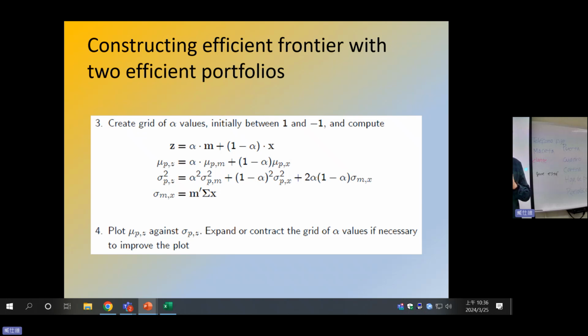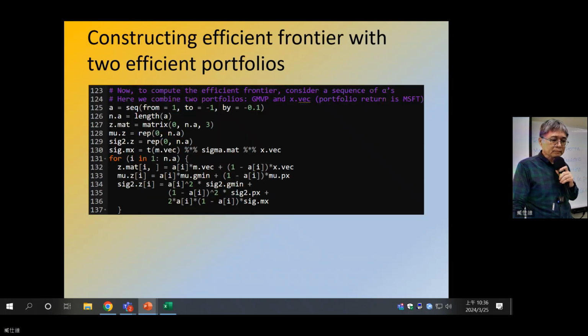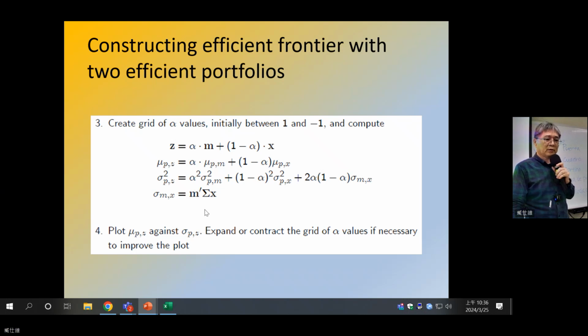M is the weighting for the GMVP, so you can calculate this easily.